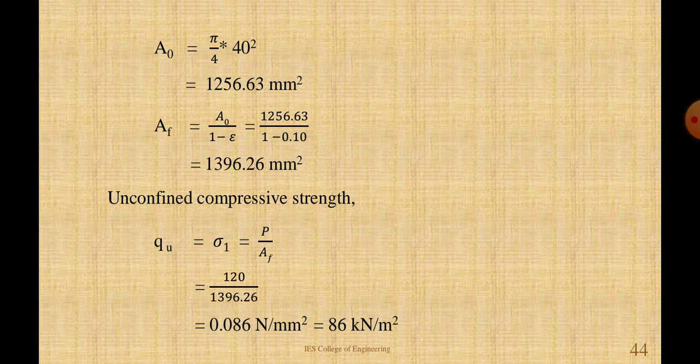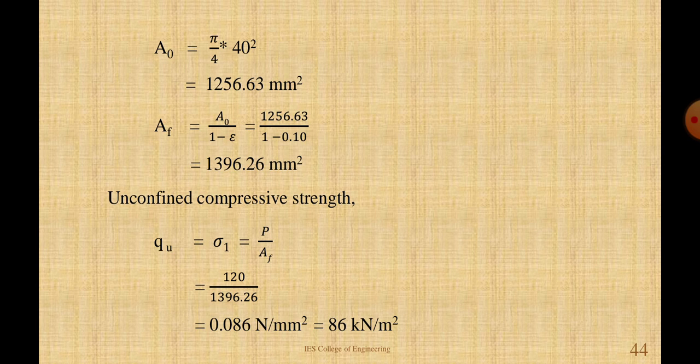Therefore, A naught is equal to pi by 4 into 40 square, that is equal to 1256.63 mm square, and AF is equal to A naught divided by 1 minus epsilon, that is equal to 1256.63 divided by 1 minus 0.10, that is equal to 1396.26 mm square.